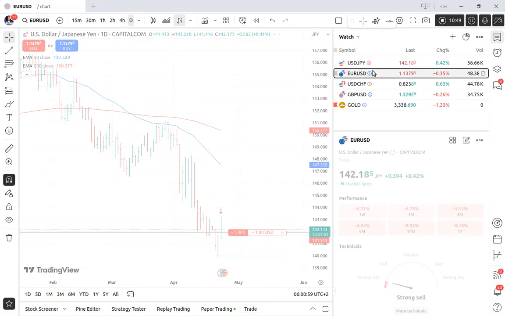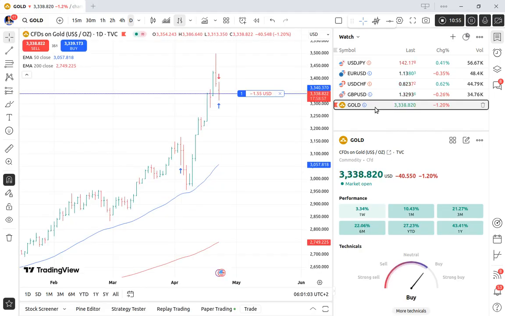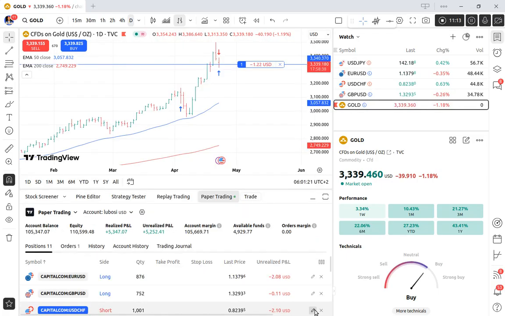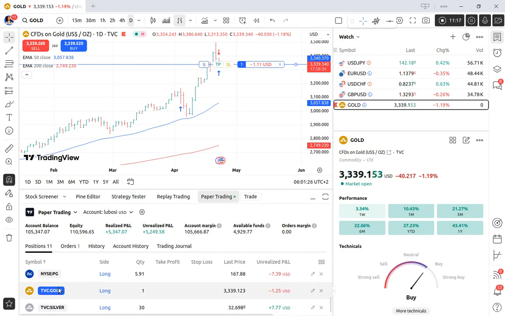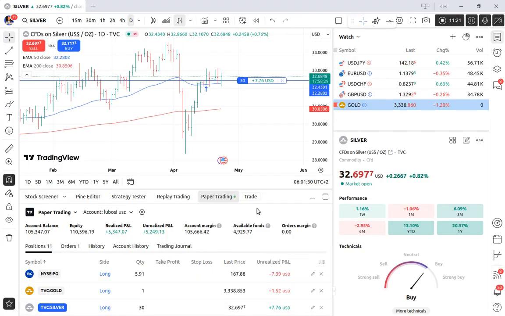So this is what I really wanted to talk to you about. But for now, as you could see from that comparison chart, gold is definitely a good buy. We also have silver.